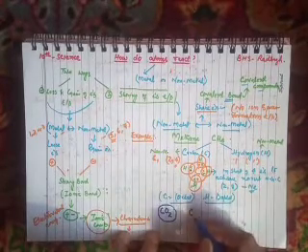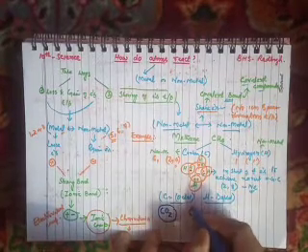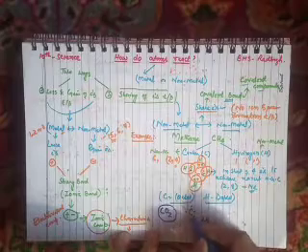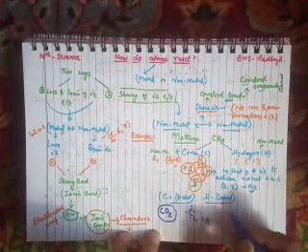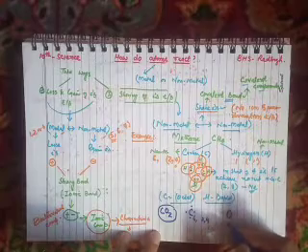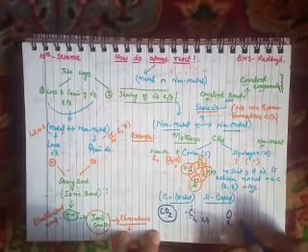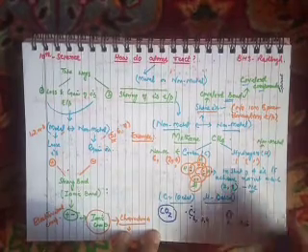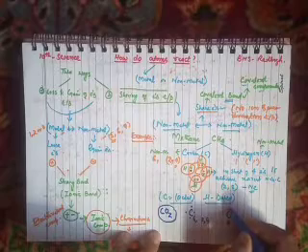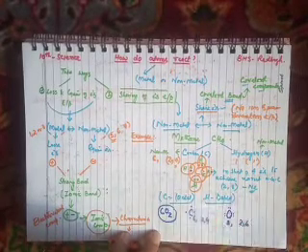Carbon has atomic number 6, electronic configuration is 2, 4, so it has 1, 2, 3, 4 electrons in its outermost shell. Taking the case of oxygen, the atomic number of oxygen is 8, electronic configuration is 2, 6. So there are 6 valence electrons in the oxygen atom. 1, 2, 3, 4, 5, 6.